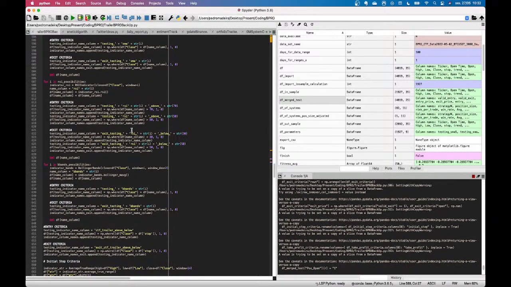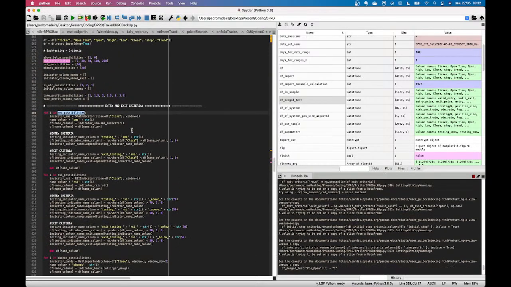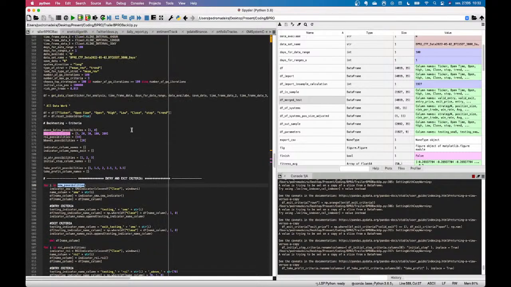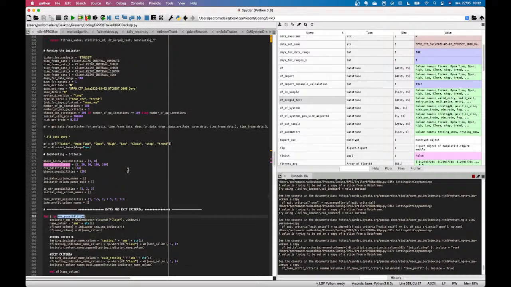So now I want to add a lot more criteria focused on mean reversion as well, like deviations. I want deviations from upper bands of indicators, a bunch of that type of criteria, to also help with finding mean reversion systems.